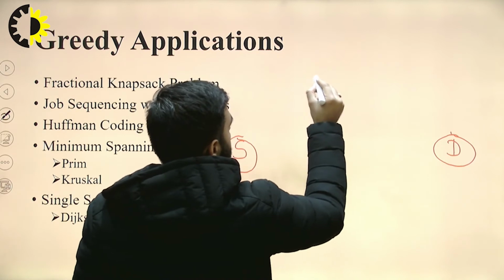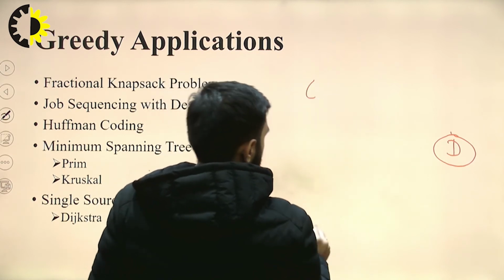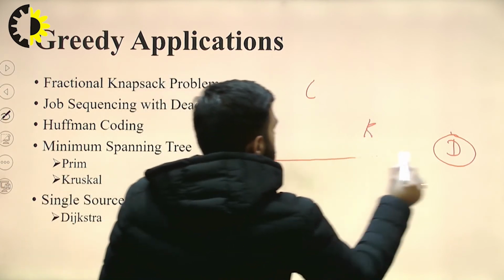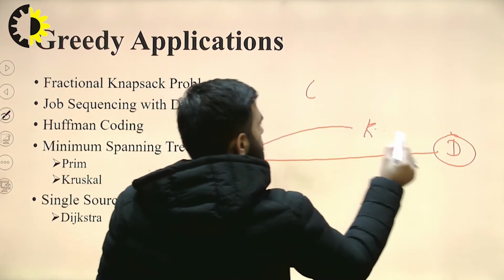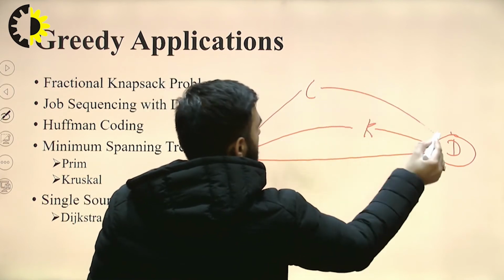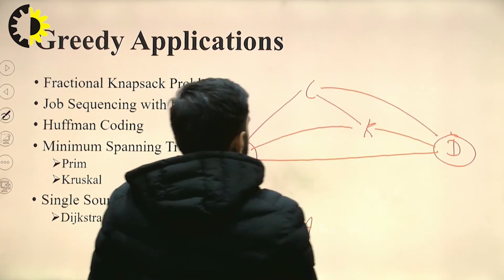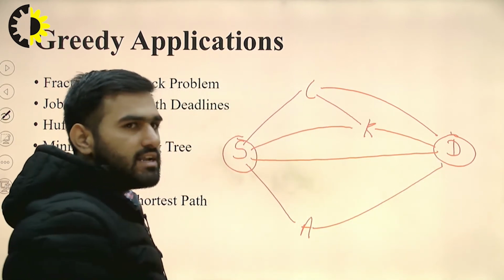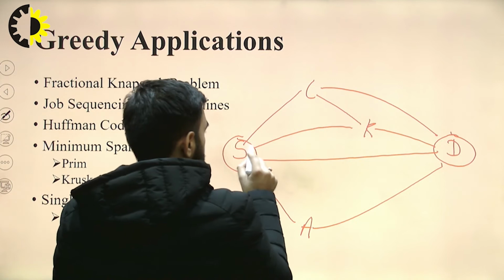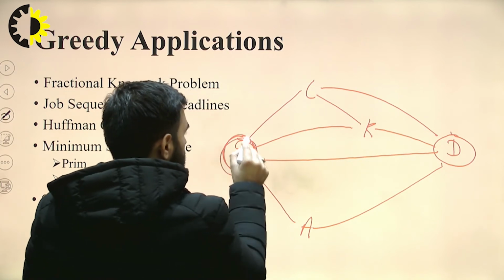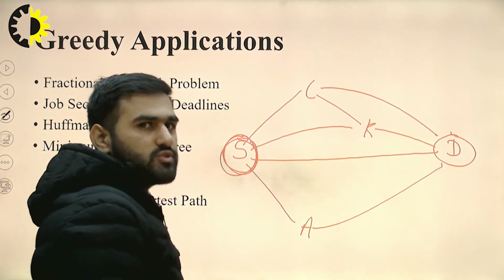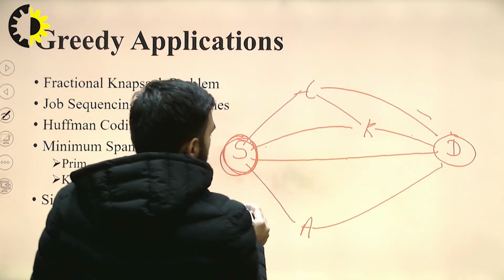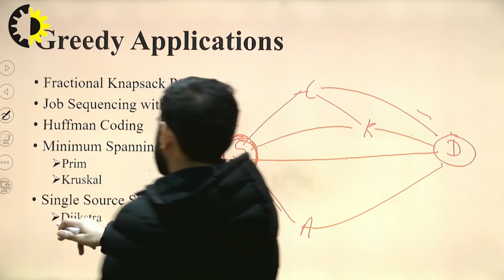Suppose here are some nodes C, A, K. One is the direct path, one is from K, one is from C, K, D, one is from A, D. So we have to find the shortest one. Initially, maybe this, maybe this. So we will find out by the algorithm, which is the Dijkstra algorithm.